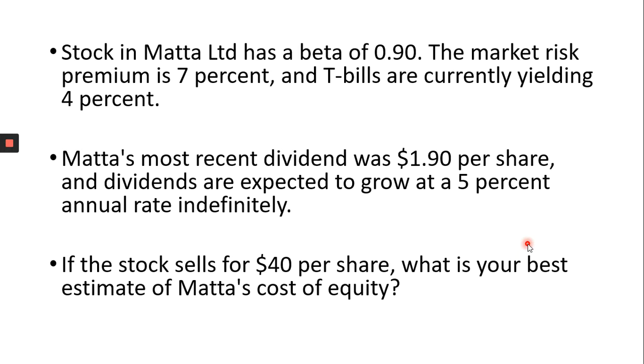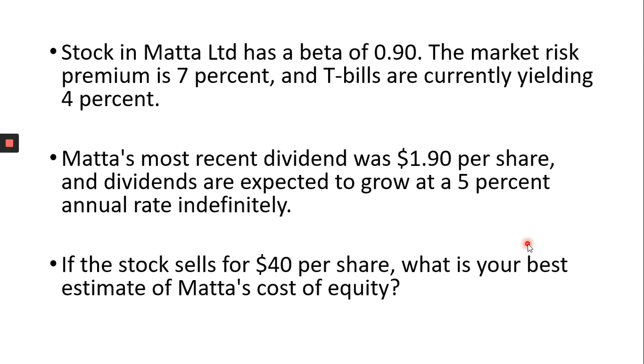And let's say on average in the market, if you invest in a company, you get 9% return. So that's the market rate, which in this case is 9%. Your risk premium is the market rate minus the risk-free rate. That means 9 minus 4, then you get 5. Your 5 is the risk premium.